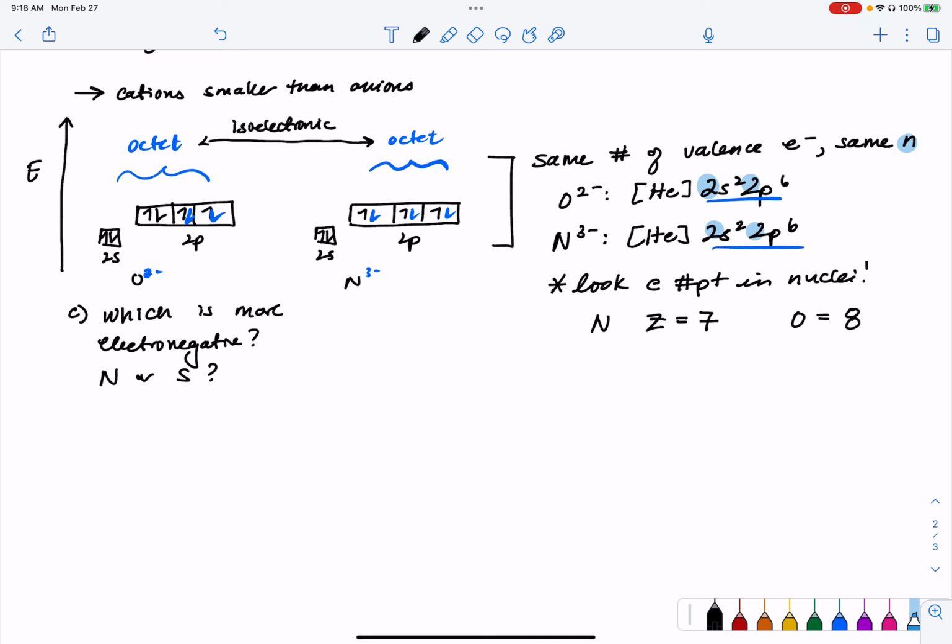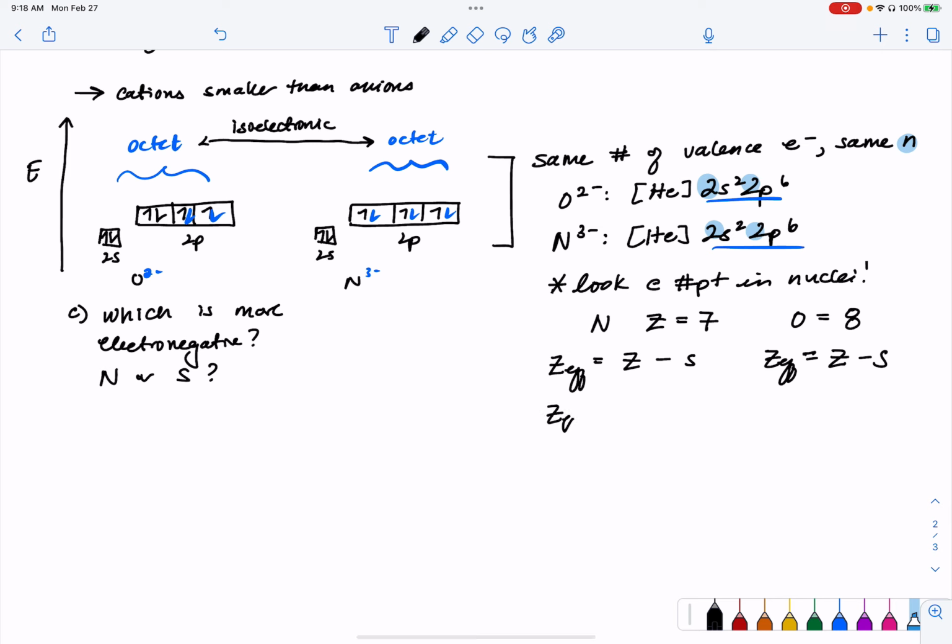These are the number of protons in the nucleus. If I wanted to count the effective nuclear charge for the nitride ion compared to the oxide anion, this would simply be the number of protons in the nucleus minus the amount of shielding electrons.